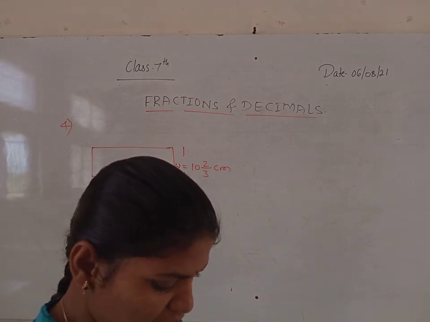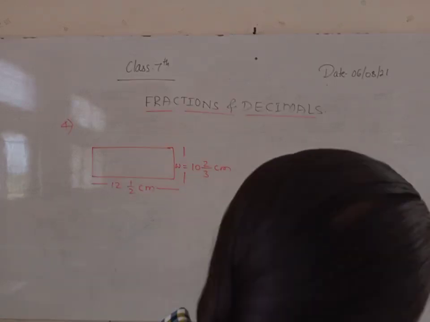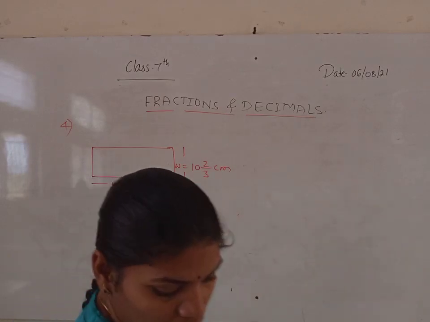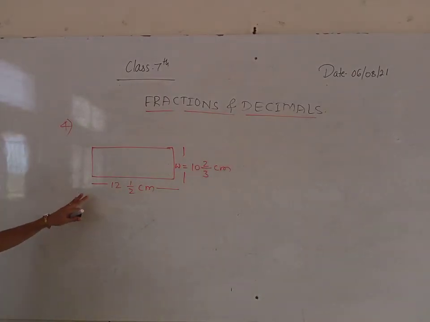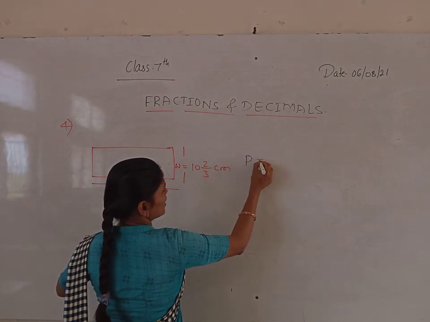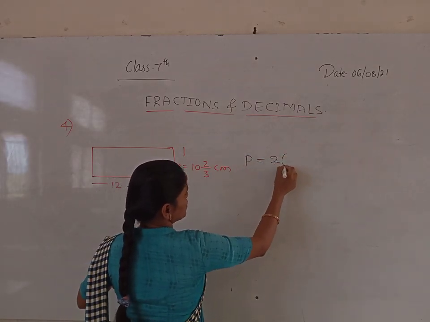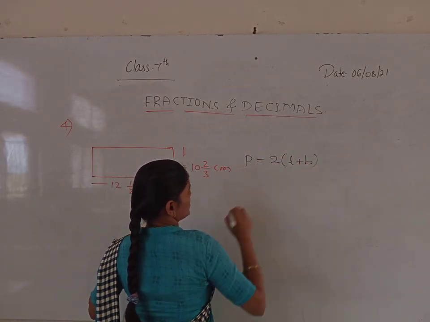Next, find its perimeter. Yesterday I gave the same kind of question. How do we find the perimeter of this rectangular sheet of paper? We already know the formula. Perimeter of the rectangle is 2 times (length plus breadth).